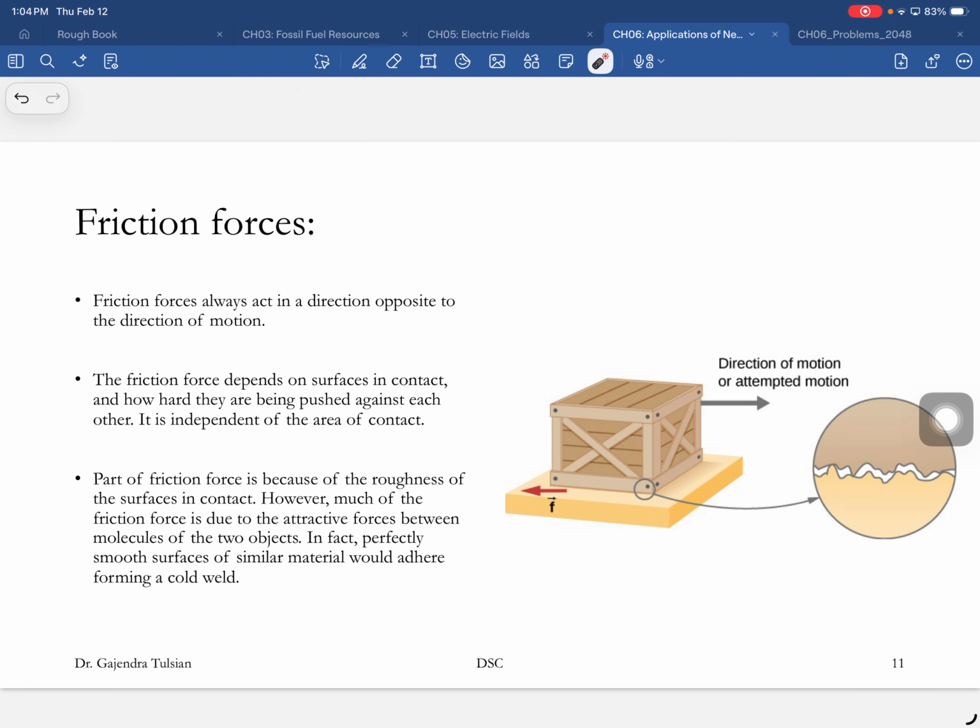When you say it's independent of velocity, the friction force now is the same as before. It's independent of the relative velocity of the two surfaces. And when I say it's independent of the area, it just depends on the texture of the two surfaces. This is a smaller area of contact, but the friction force is the same.